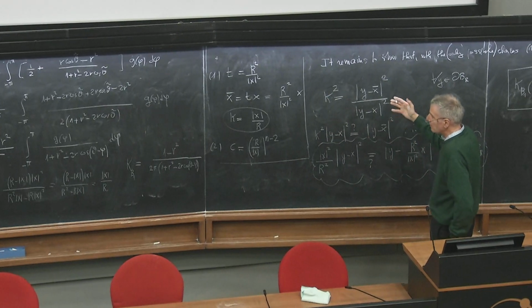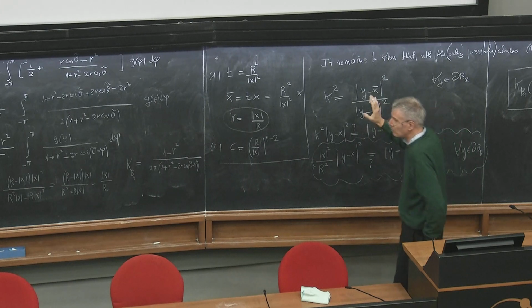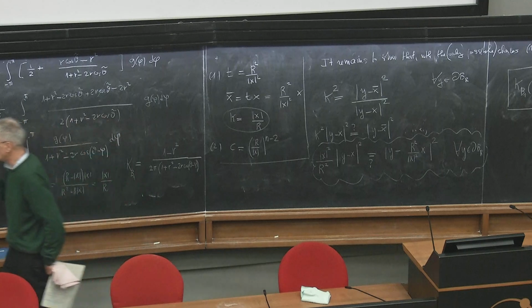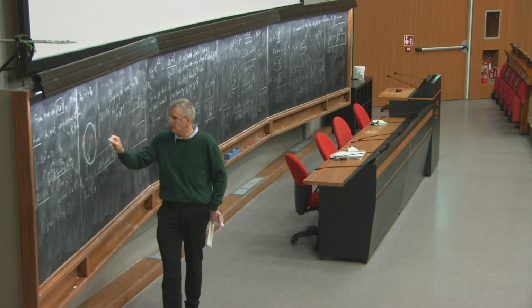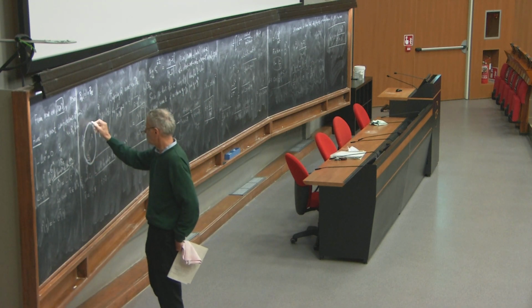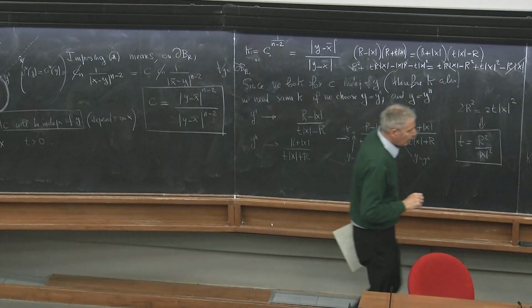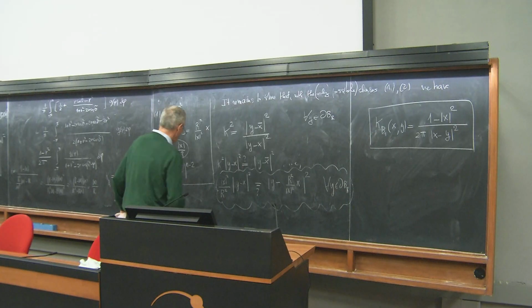And now these are the only possible choice of k and t, but we have to check that the equation is valid for any y on the boundary, not only for y equal y prime and y second, but for all other y's, the more strange y's. Okay, so now we have to check this formula.